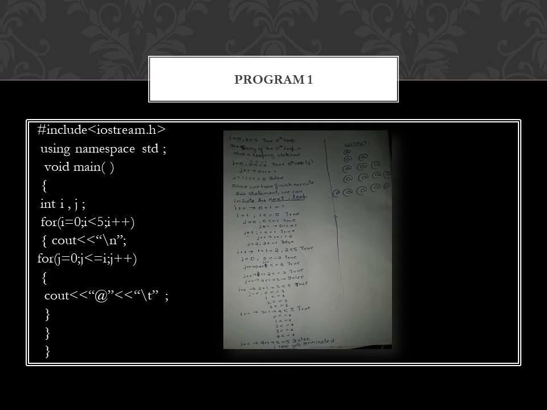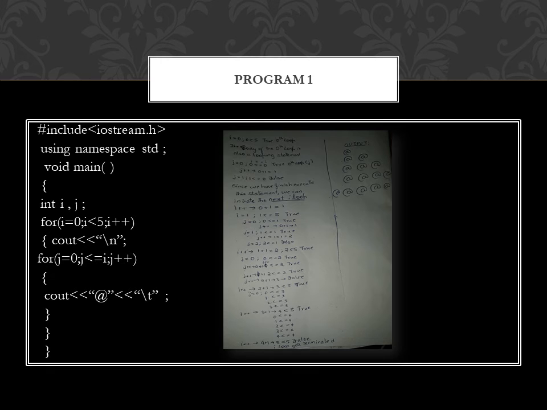Again it will initiate the i loop to go for the next one, i plus plus, that is 1 plus 1 equals 2. Again it will initiate the j loop, j equal to 0, j less than or equal to i, that is 0 less than or equal to 2, and it will print the at symbol 3 times, which is printed here with equal spacing because we have used slash t. Then again the j loop gets terminated.